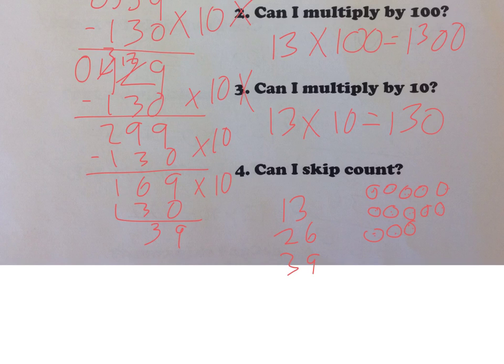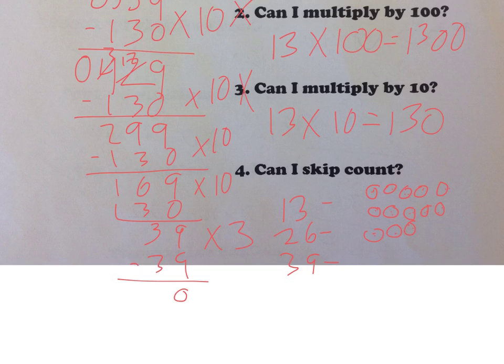So I did get to my 39, and I count how many skip counts I have. I had 1, 2, and 3, so I'm going to multiply by 3. Basically I'm giving those ones out to those 13 different people 3 different times. 13 times 3 is 39, subtract, and I get 0. The point with these problems is to get to 0 or as close as possible to 0.